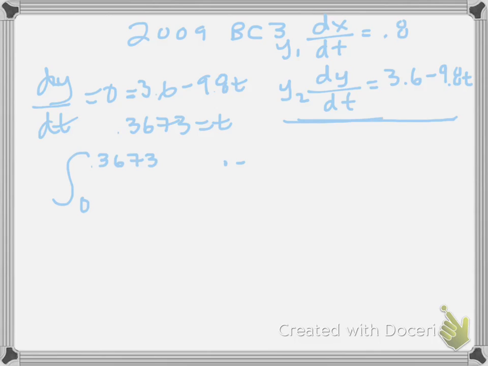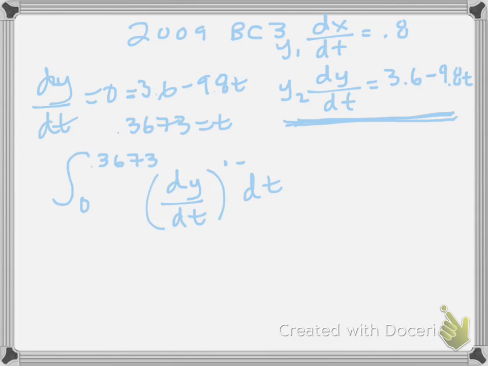of this equation right here of dy with respect to dt. If you don't already have these equations punched into your calculator, go ahead and do so and take the integral of this equation from 0 to 0.367.